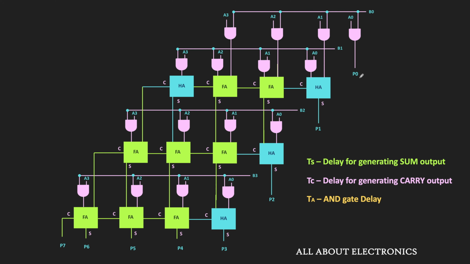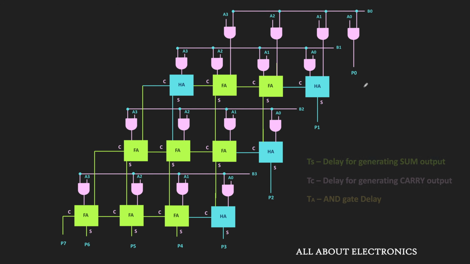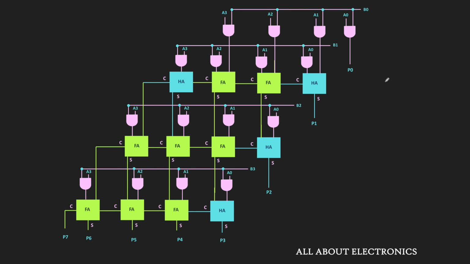Or in other words, all these partial products, like A0B0, A0B1, will be available after the delay of TA. So here, P0 is available after the delay of TA. Similarly, the output of each AND gate will be available after the delay of TA. The sum output of this first half adder, or P1, will be available after the delay of TA plus TS, because after the delay of TS, each adder will generate the sum output.